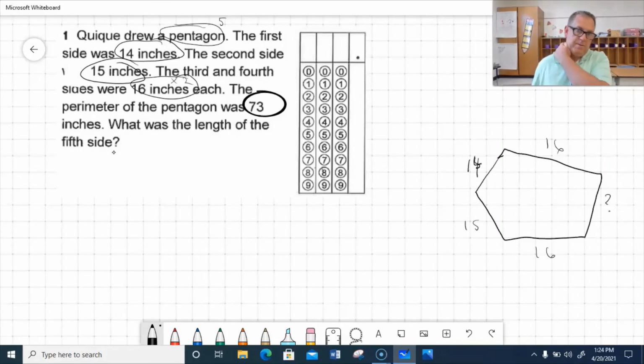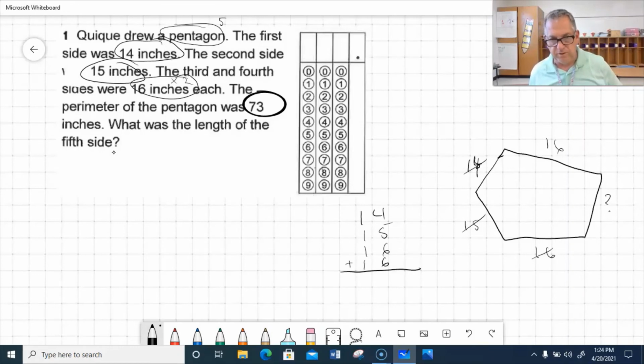So the first step in this is to go ahead and figure out how much is the length of the sides we already know. So I'm going to add up all those sides. So that's 14 plus 15 plus 16 plus another 16. What is 14 plus 15 plus 16 plus 16?